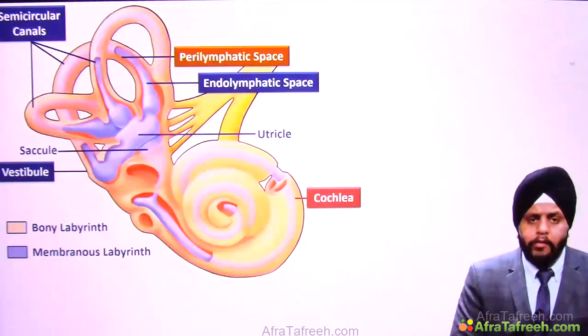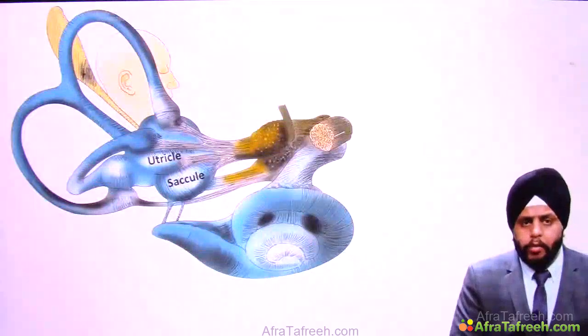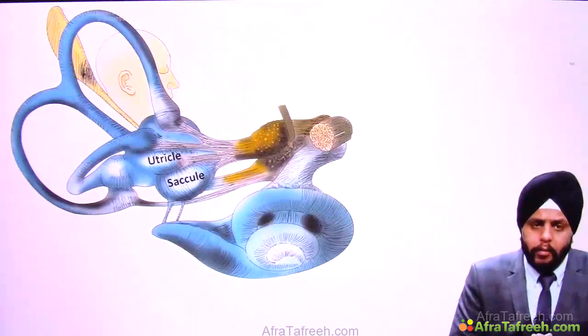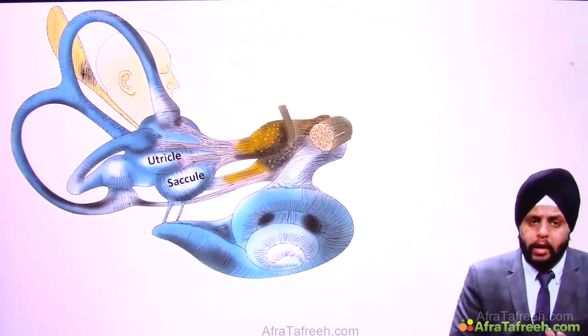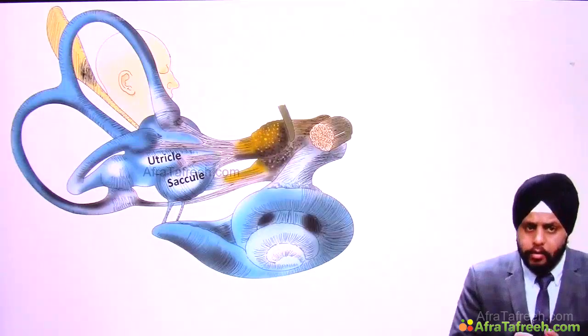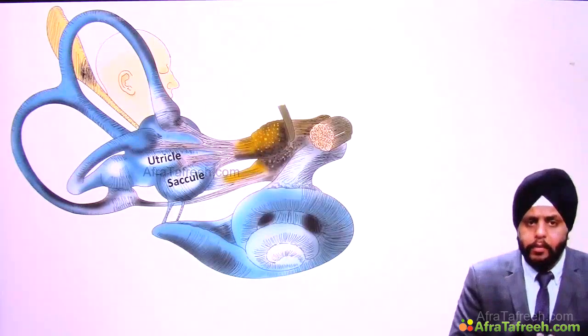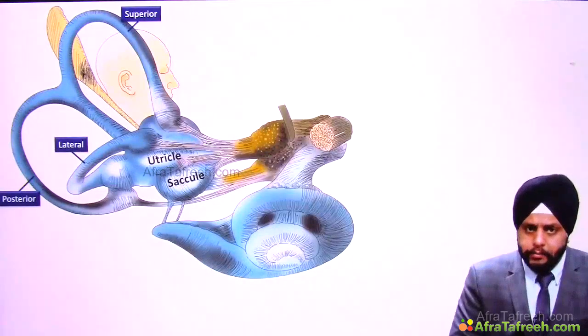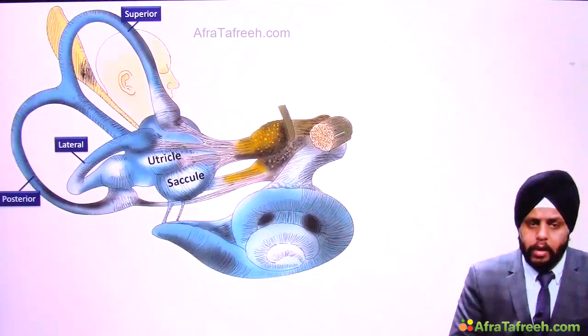When we remove the bone, we can see only the membranous labyrinth. You can see two sac-like structures, utricle and saccule, in the vestibule, and three semicircular canals: superior, posterior and lateral.